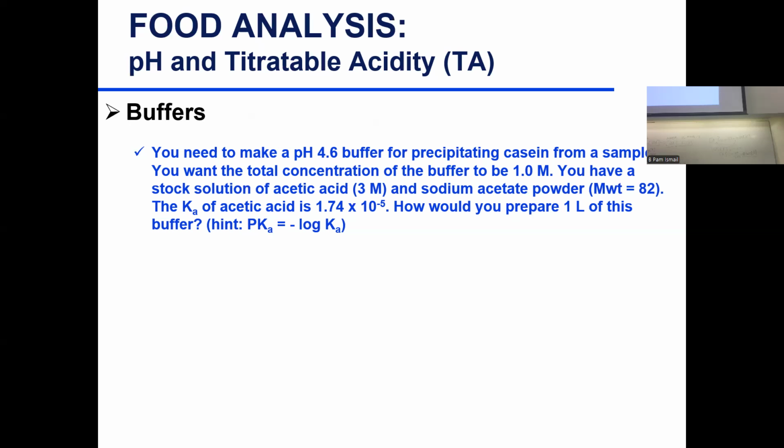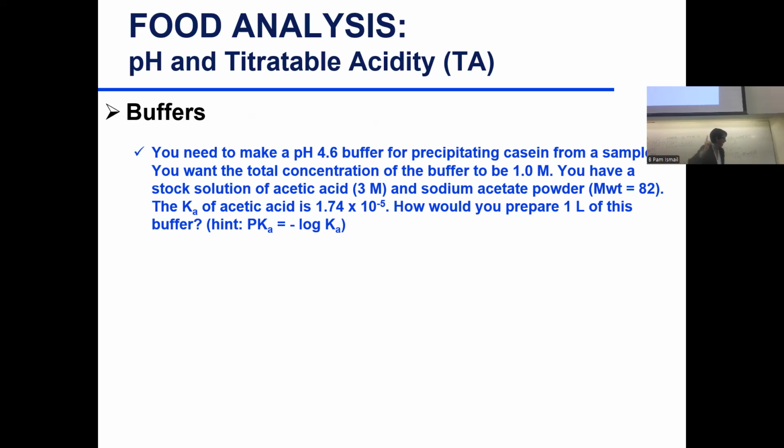For this, I have a powder. So then I need to calculate how much to weigh. Then here you want to remember number of moles equals mass over molecular weight. I gave you the molecular weight, and then the number of moles is this, 0.408 moles per liter.